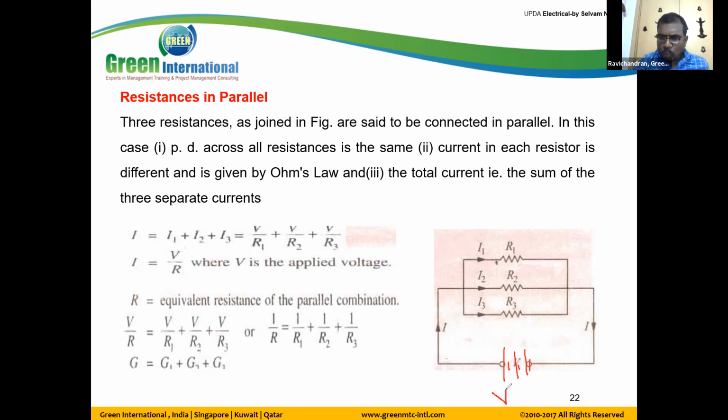The circuit is closed, so current will flow. The current is I. Here we have different resistances, so different currents are there. So here it is a junction point. At this, we apply Kirchhoff's current law: I is equal to I1 plus I2 plus I3.